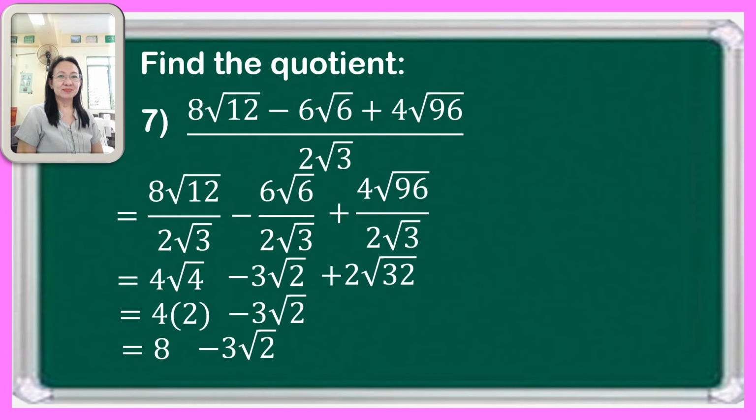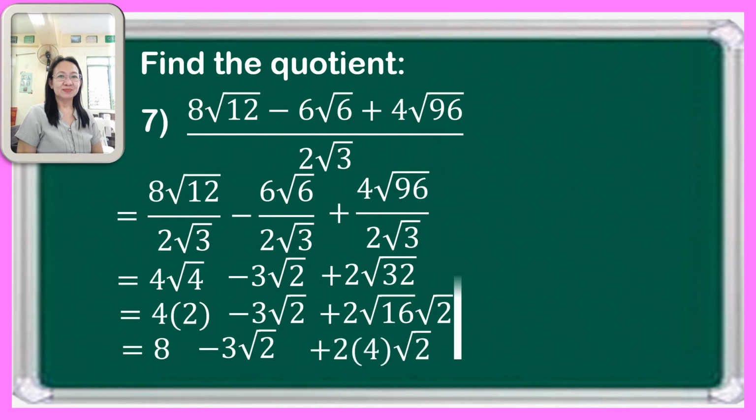Now since the square root of 32 is factorable into a perfect square, which is 16, and a non-perfect square, which is 2, let us get the square root of 16, which is 4. Okay, let us continue on this part. So, multiplying 2 and 4, we will get 8. And the result is 8 minus 3 square root of 2 plus 8 square root of 2.